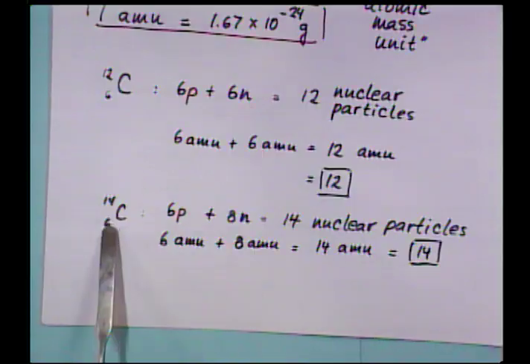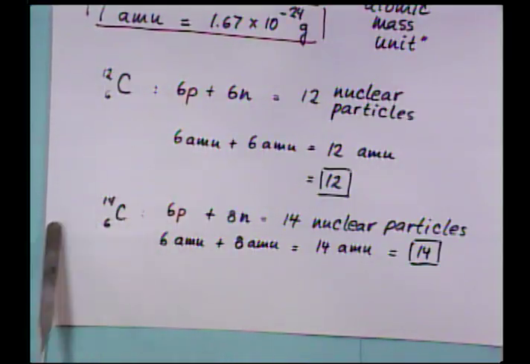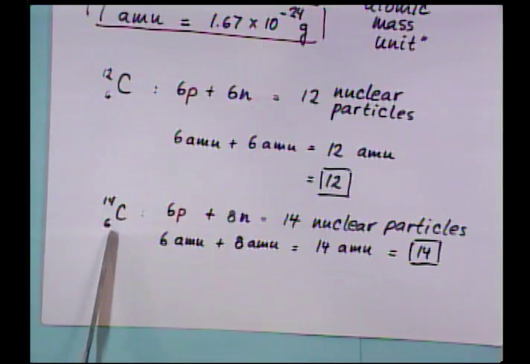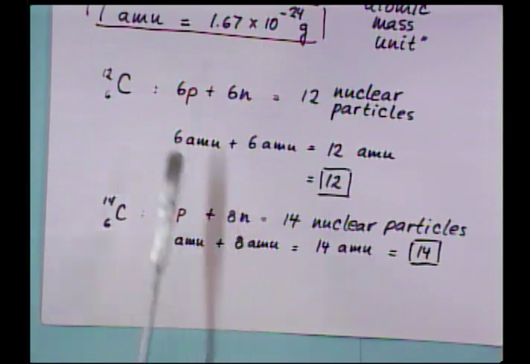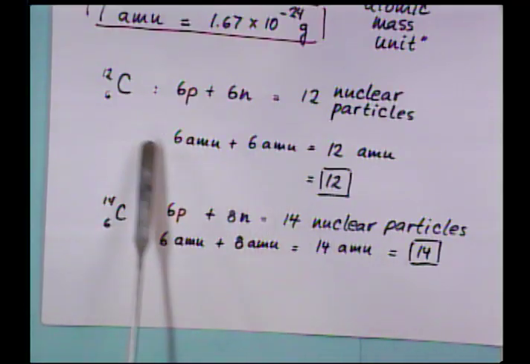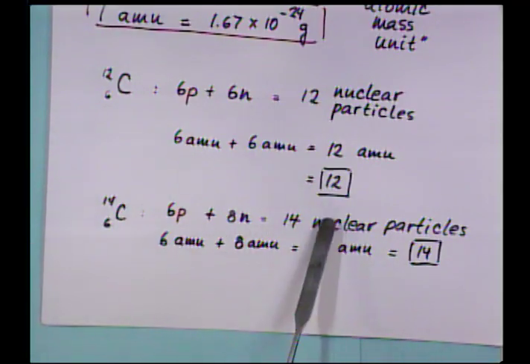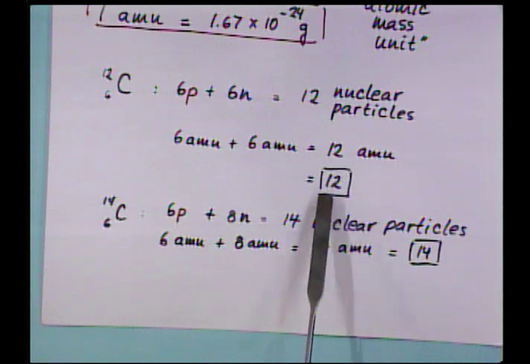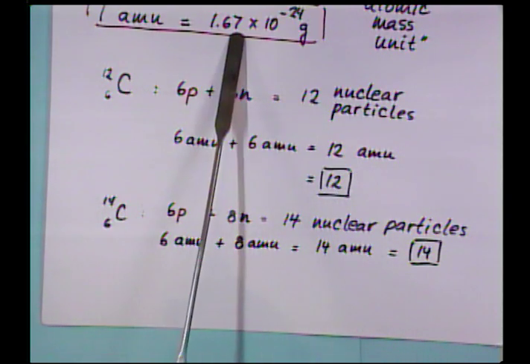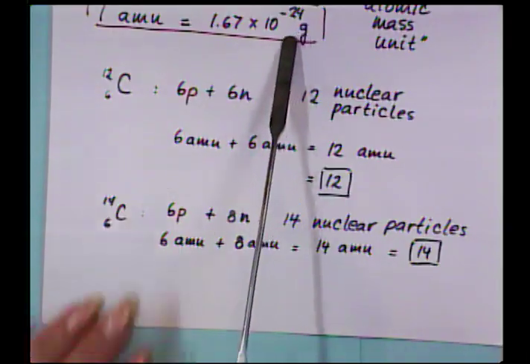So here we have two isotopes, carbon-12 and carbon-14. So 14 minus 6 gives us 8 neutrons, and here 12 minus 6 gives us 6 neutrons. So the lighter isotope has 12 AMUs, or if we want the absolute actual mass, we would have to multiply this coefficient 12 times what the AMU represents, which is 1.67 times 10 to the negative 24.